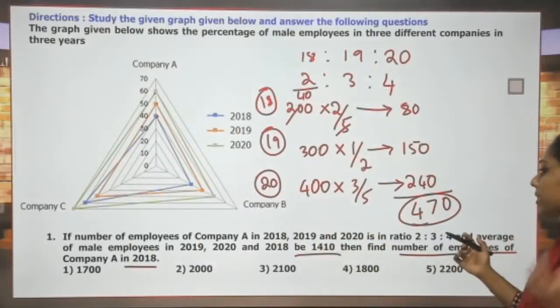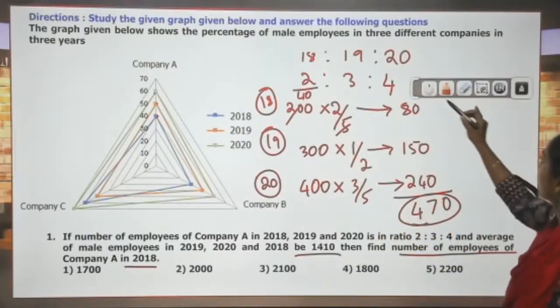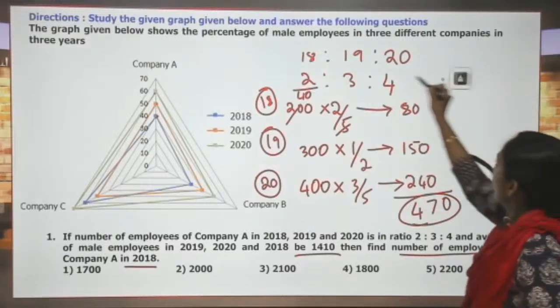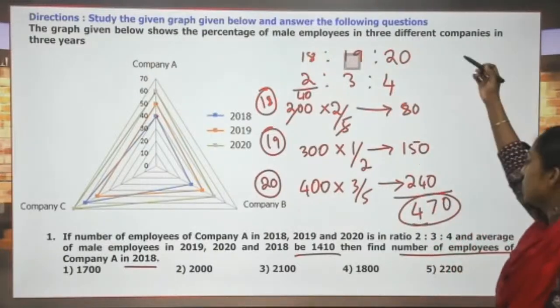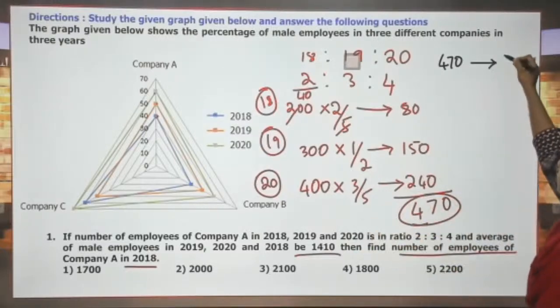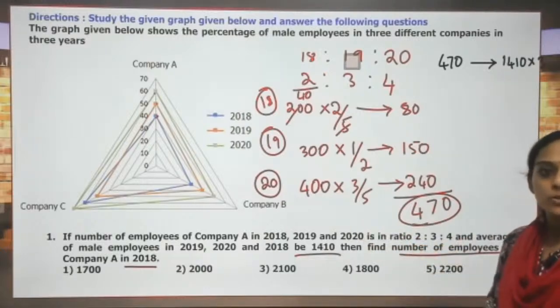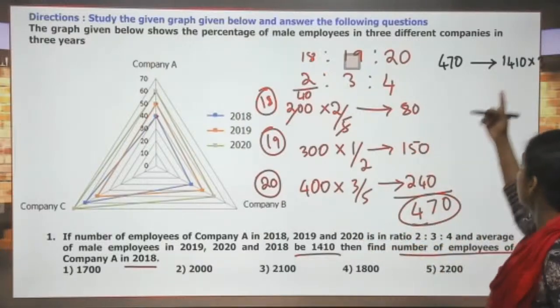So if the average is 1410, you can write the relation like this. 470 is actually 1410 into 3. Average is 1410, so the total will be into 3.